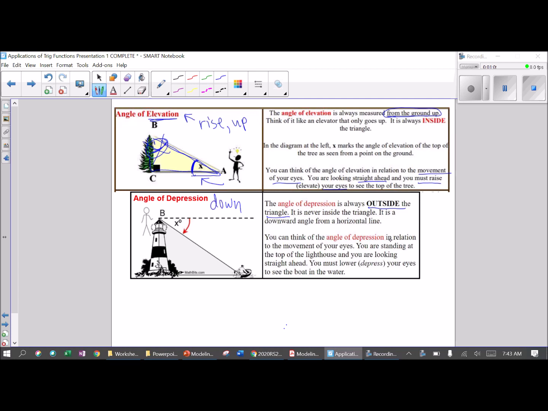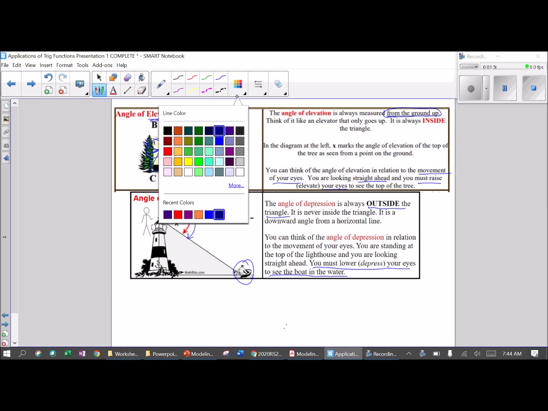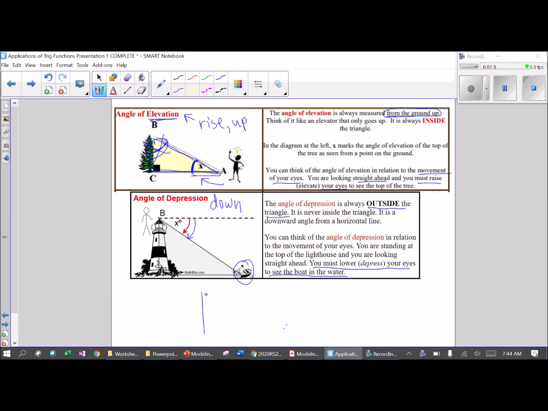This is for when you're looking straight and then you look down at whatever it is. That becomes your angle of depression. And that one's always outside. Very, very similar.